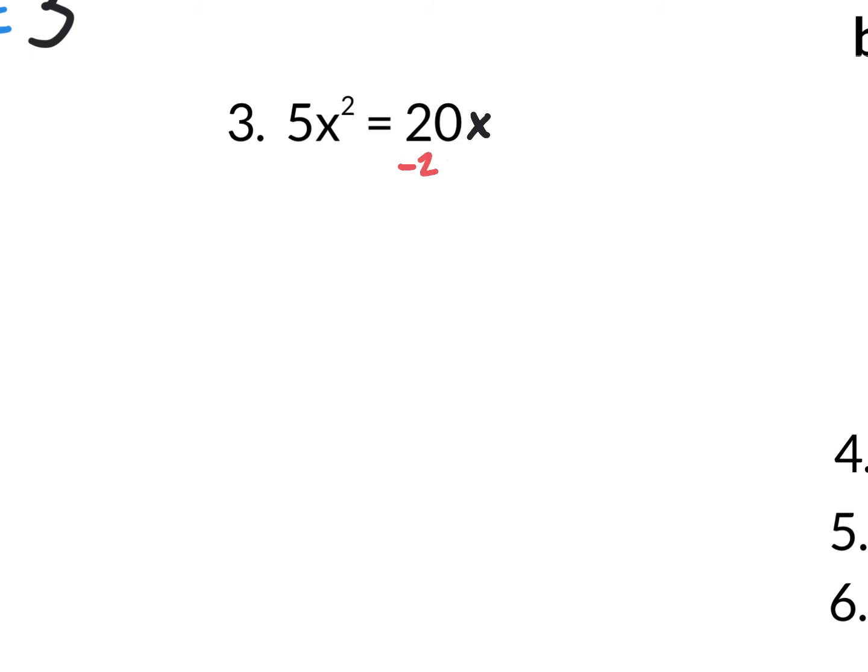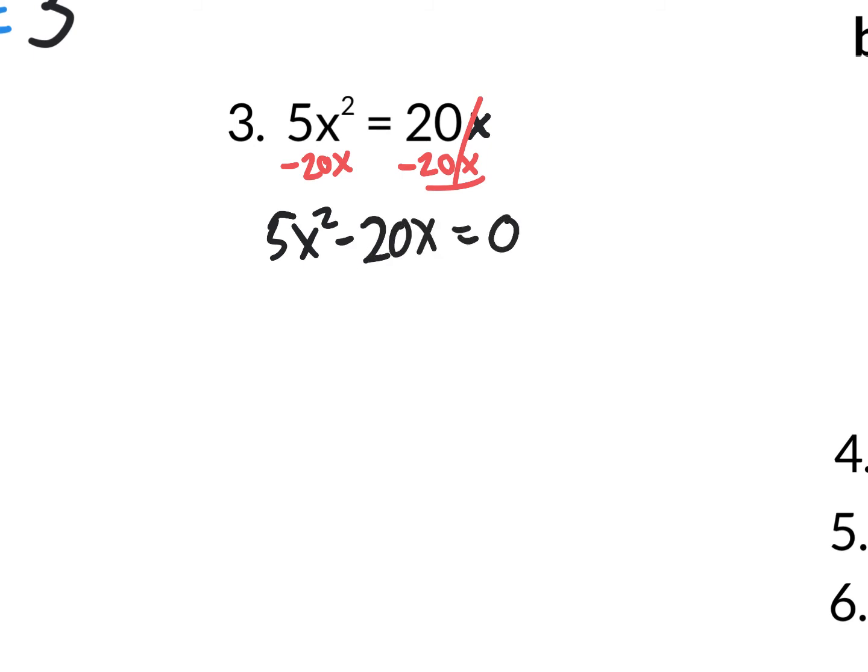I would have to subtract 20x, set it equal to 0, and rewrite it. I'd have 5x squared minus 20x equals 0. And I could identify my a value 5, my b value negative 20, and my c value being 0 because there is no number at the end, right? And I could use the quadratic formula.